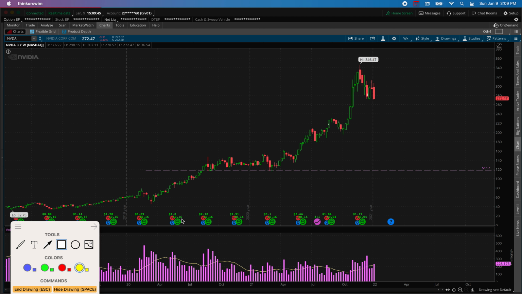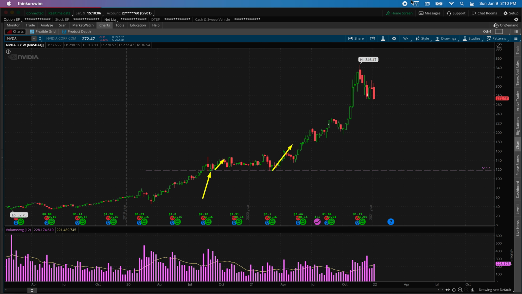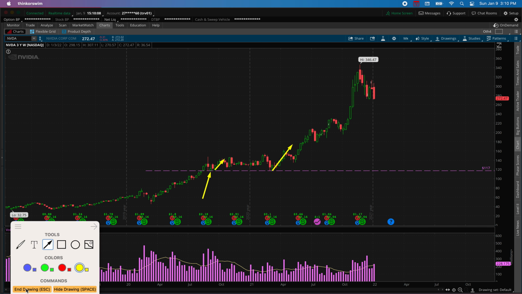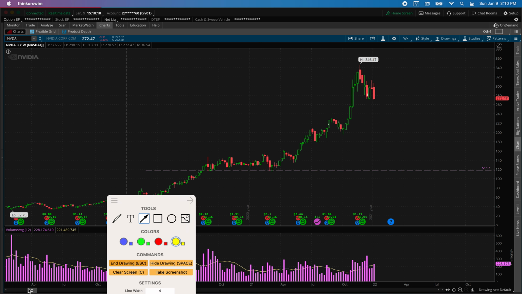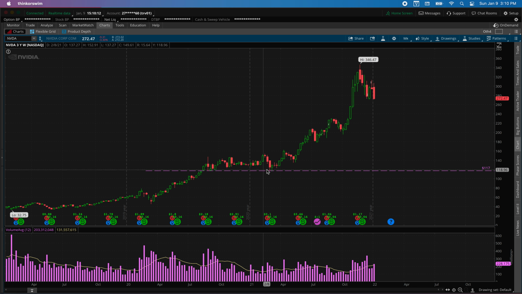As you can see here, this level of 117 has served as support. It pulls back, holds this level, and then makes a move up. Again, it falls back down to this level of 117 before it makes another move up. So for me, that's a critical level because it has served as support. It has kept the stock from falling to a lower level.